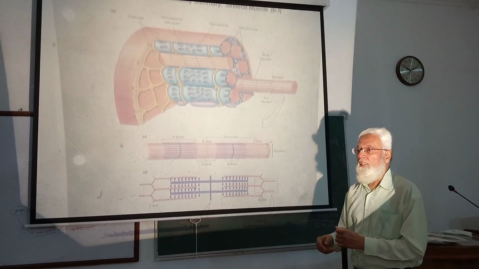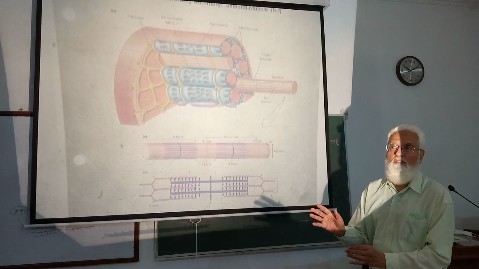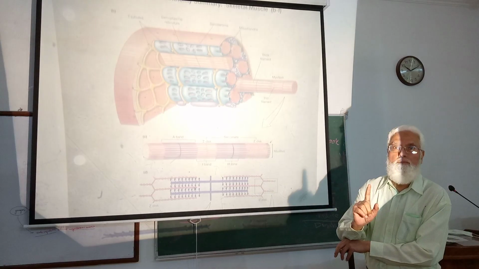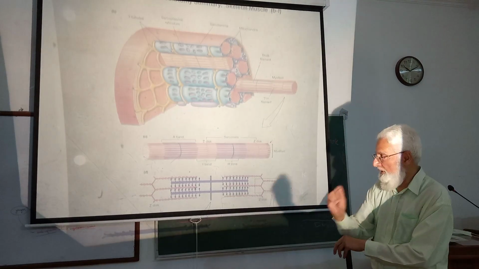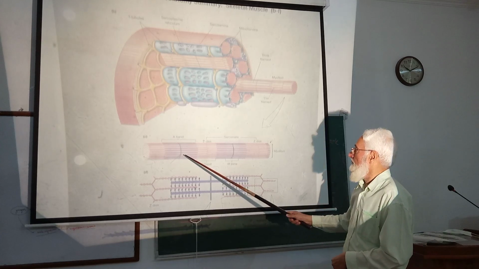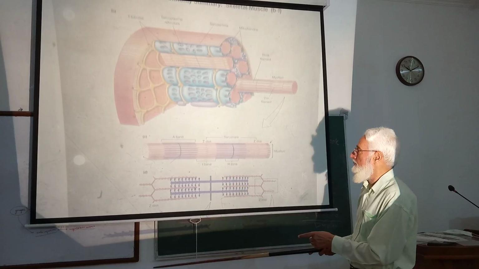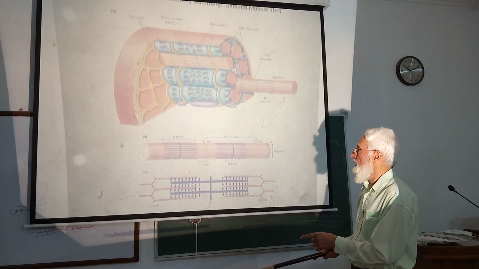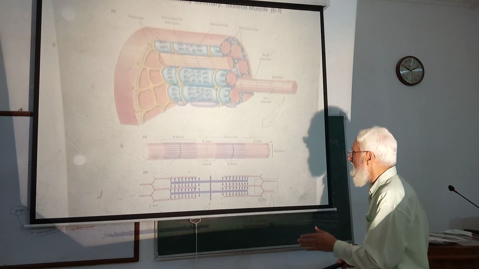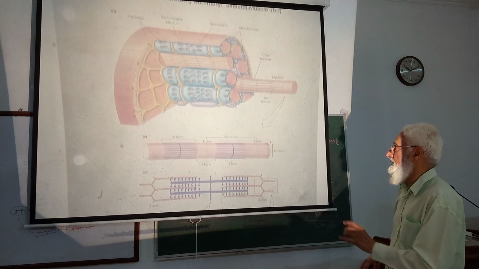You know, light is projected in all directions, and when it is projected in one direction, it is called polarized light. So A band is from anisotropic, which means unequal refractive index to polarized light.